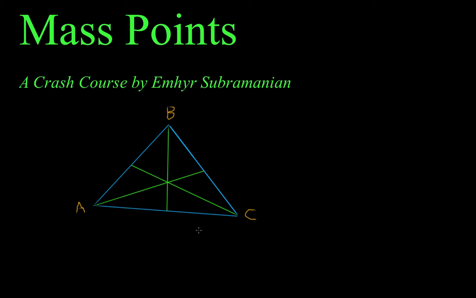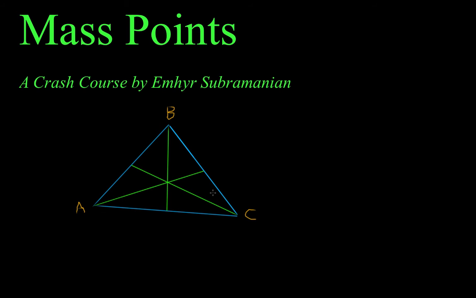In this diagram, we have a triangle A, B, and C. It doesn't have to be isosceles or equilateral, but all three of the medians have been drawn. If you don't know what a median is, it's basically a segment in a triangle that divides the other intersecting segment into two congruent parts.